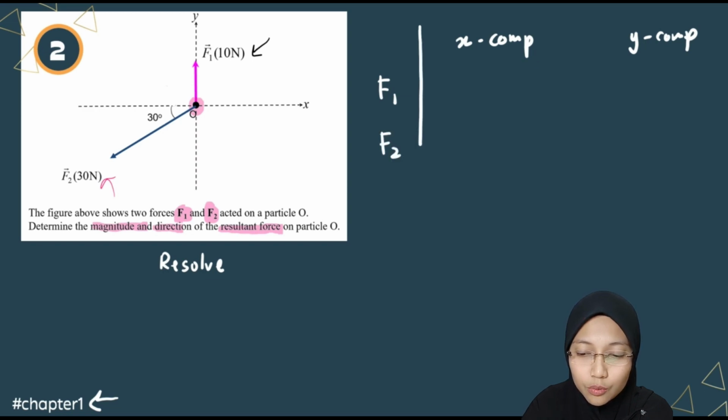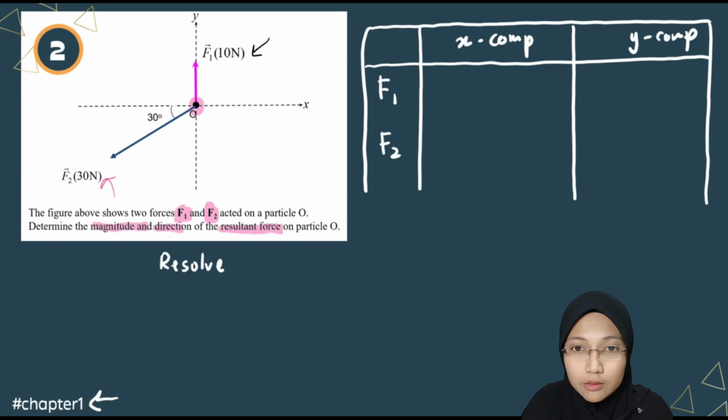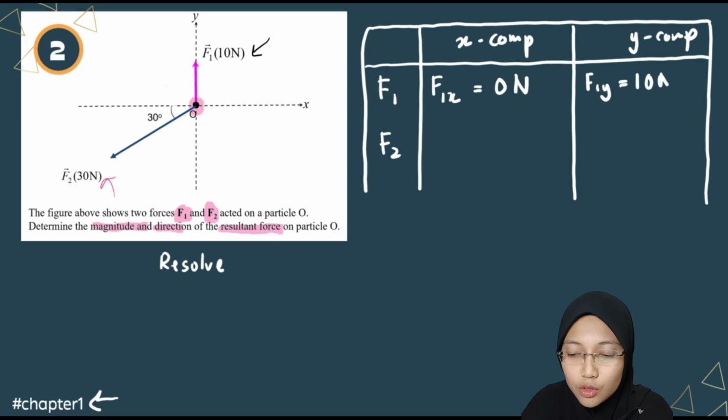So we put it properly in the table: this is for x, the left column, and for y, the right column. For F1x, we don't have any x component because F1 is already in the y direction, meaning that we have 0 Newton. And for F1y, we have 10 Newton, which is equal to F1.